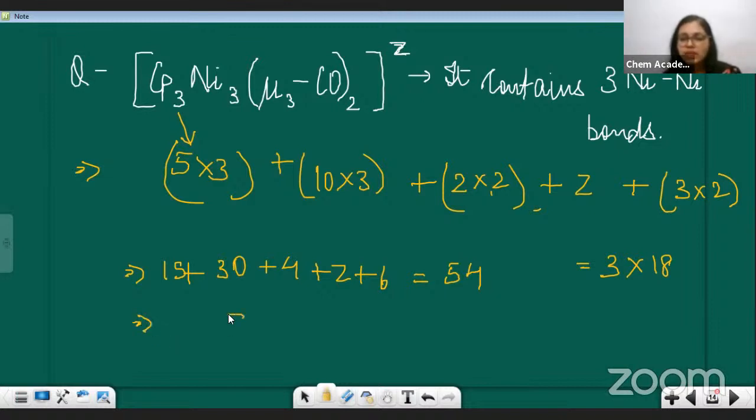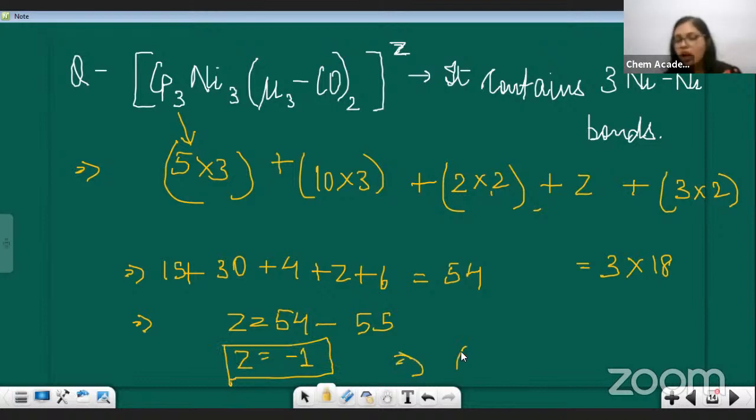Solving this, we will get Z equals 54 minus 55. Therefore, Z is coming out to be -1. All right. And charge is going to be 1.